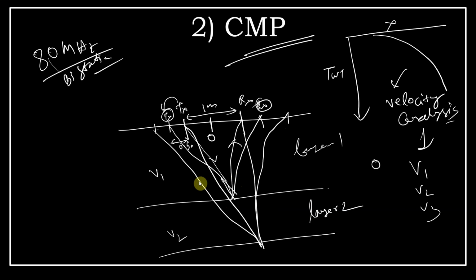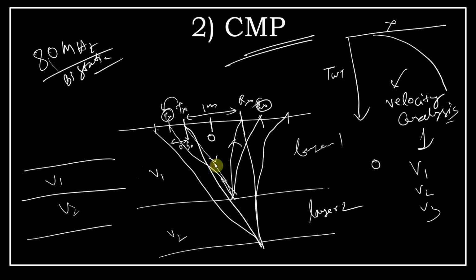That is called the CMP method. And I will suggest that when you start the actual survey, you will be doing CMP in each of the profiles or in each of the study areas to get the velocity layers, to get the layer information, okay.